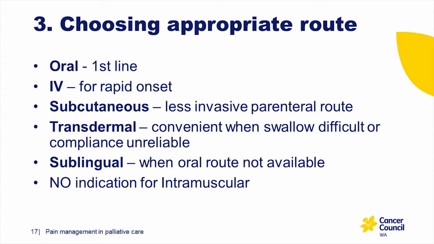So we have other routes available to us. The intravenous route is the fastest route for patients to get an effect from medications, and generally we don't use the intravenous route very much in palliative care, but we must always consider, if we have someone in extreme pain for instance, that it might be absolutely the most appropriate route to use. Generally, the other three routes that we will use far more commonly are the subcutaneous, the transdermal and the sublingual route. The subcutaneous is less invasive than the intravenous route, and I'll talk a little bit more about that.